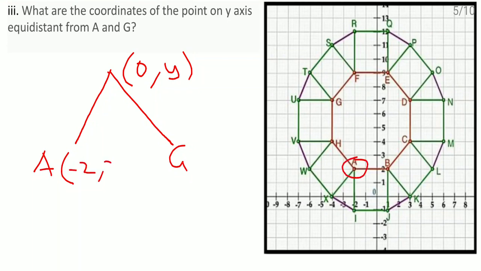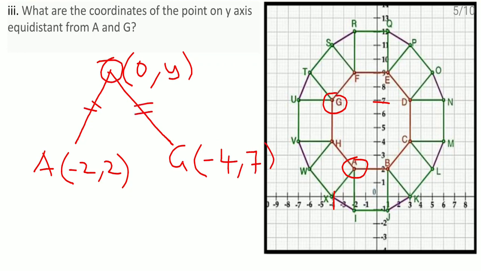Point G is at this place, so the coordinates of G are (-4, 7). They said this point is equidistant from A and G, so I can write that this distance is equal to this distance.